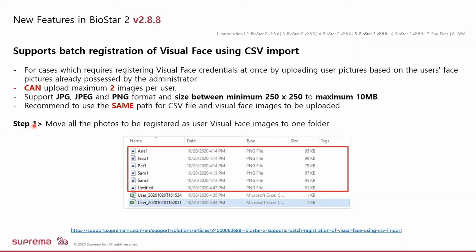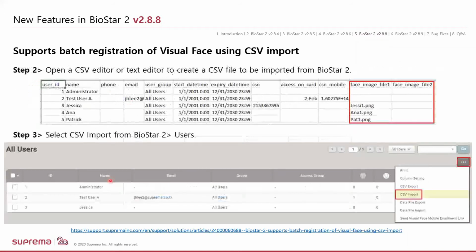Step 1. Put all your photos in one folder. Step 2. Open the CSV file to be uploaded in batch and add the column to be used for visual face credentials as follows.